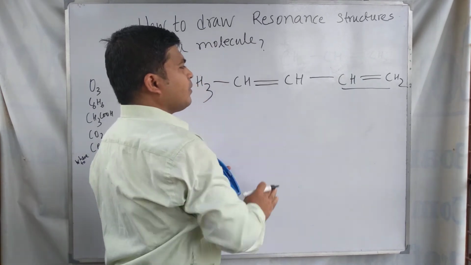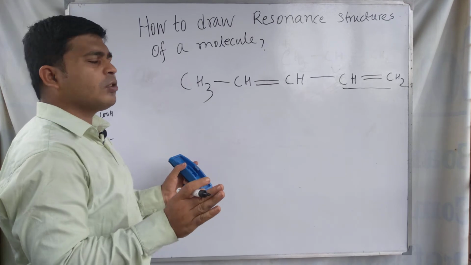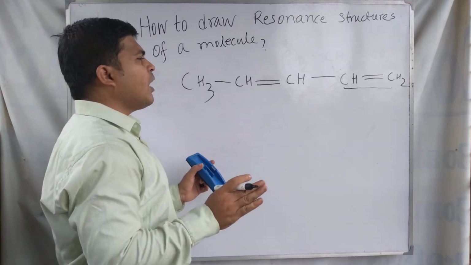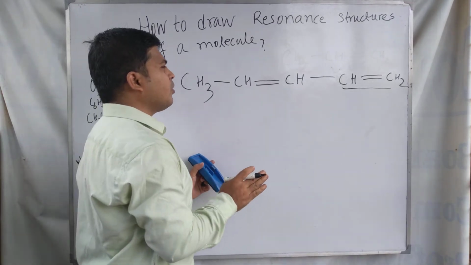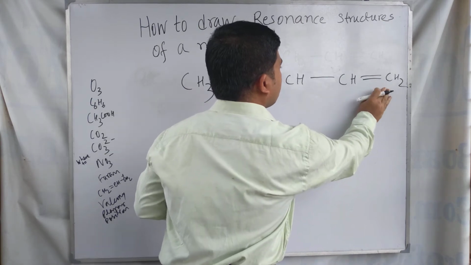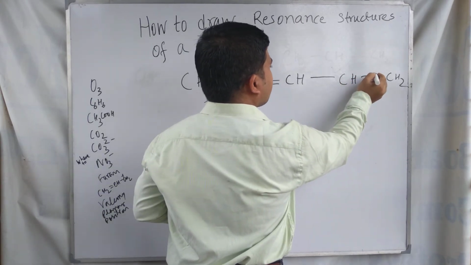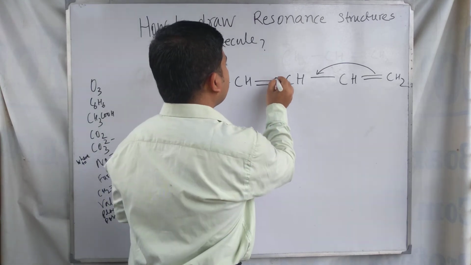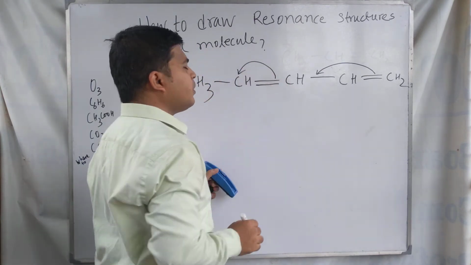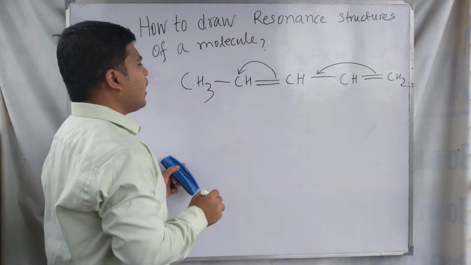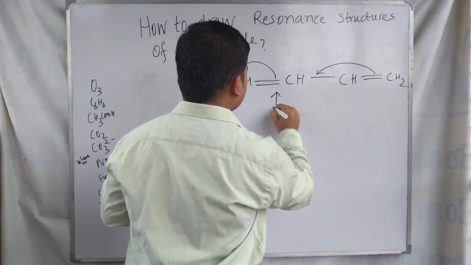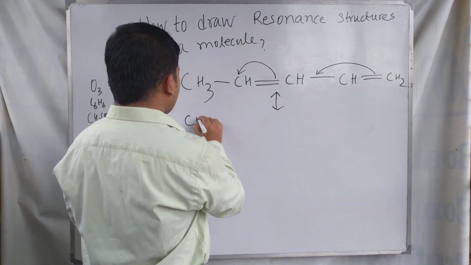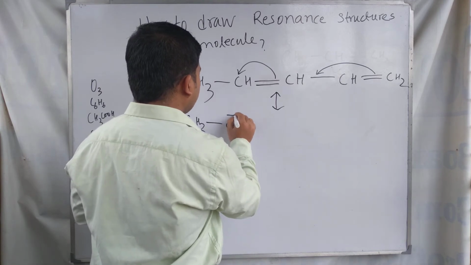So in this case the resonance structure is possible for the molecule. What happens is the electron pair is shifted here, and this electron pair shifts to the carbon atom as a negative charge, and we have to make a double headed arrow to represent this.